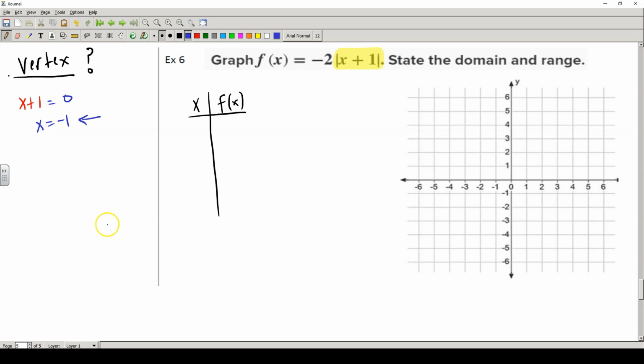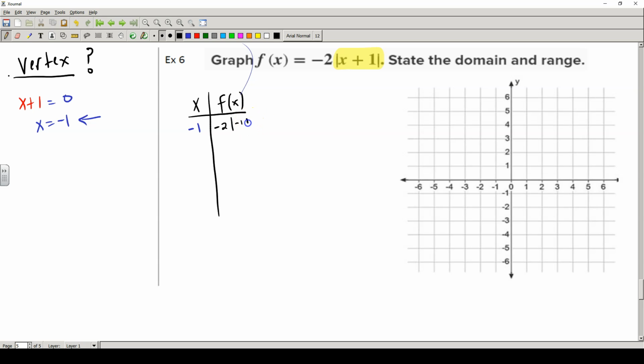Now, you can know that going into it. You can also just pick a bunch of values and eventually figure out that x equals -1 is that vertex point. But what I would do is the first point that I plug in here is going to be -1 for x, because I know that's going to be my vertex. It's going to be my point. So I go ahead and evaluate this. All right, so I plug in -1 into my function.